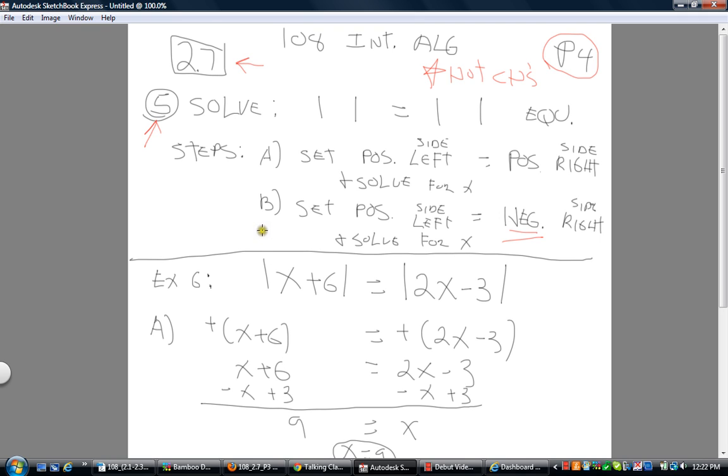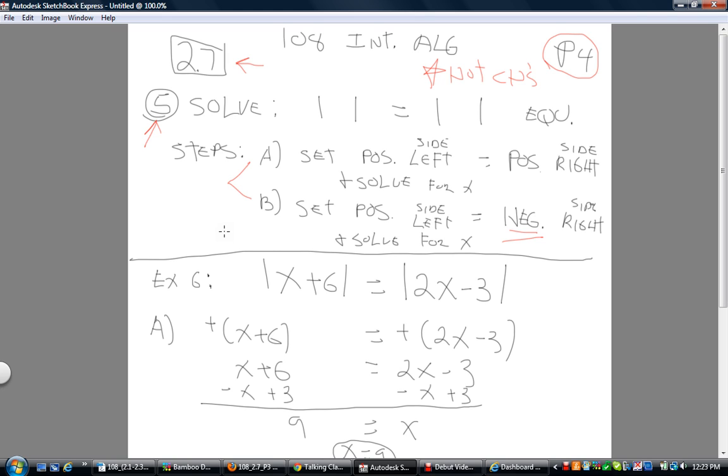I'm going to do an extra page 5 after I'm done talking, and I'm going to do cases C and D, and you're going to see that when you take care of the other 2 cases, the combinations of positive and negative expressions inside the chamber, they boil down and are equivalent to steps A and B. I like to show that to you so you remember why you're doing these mechanical steps, because you're going to forget in a short period of time.